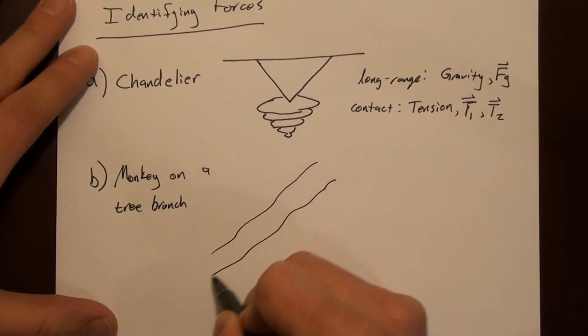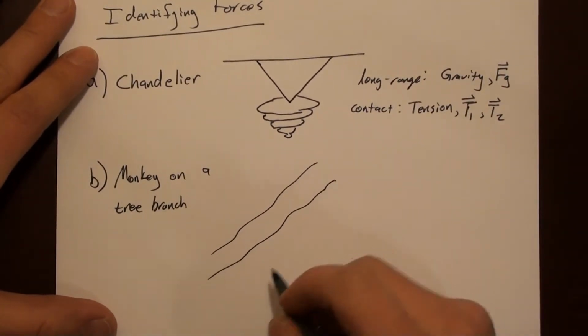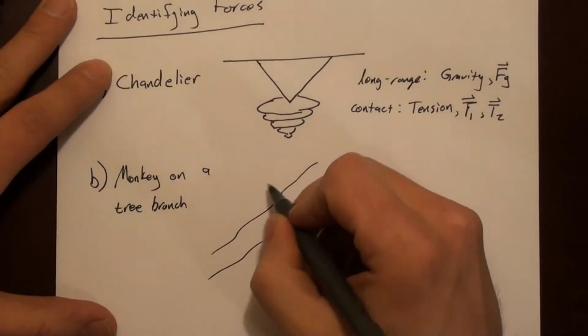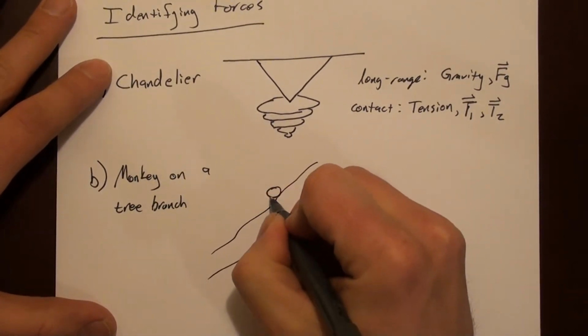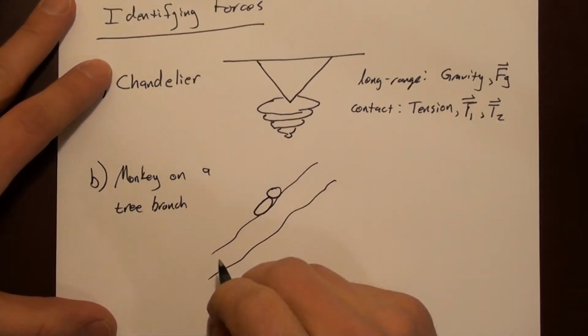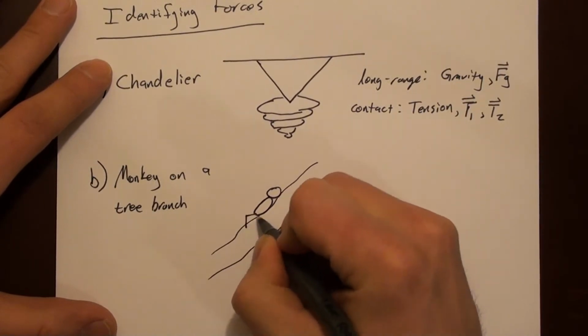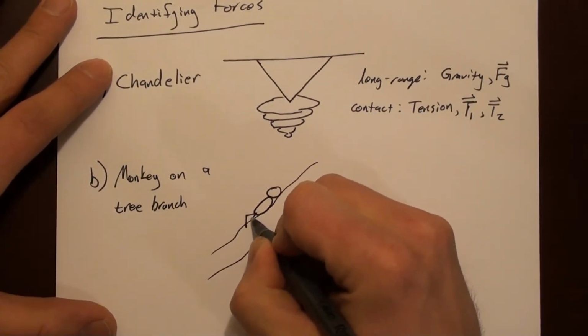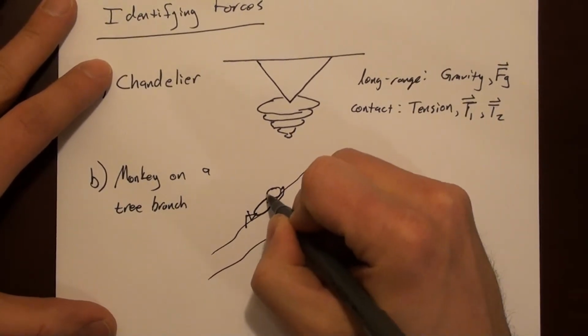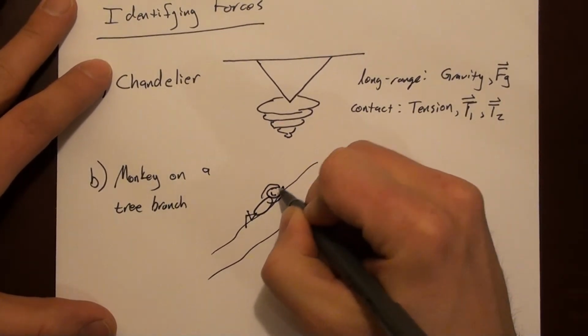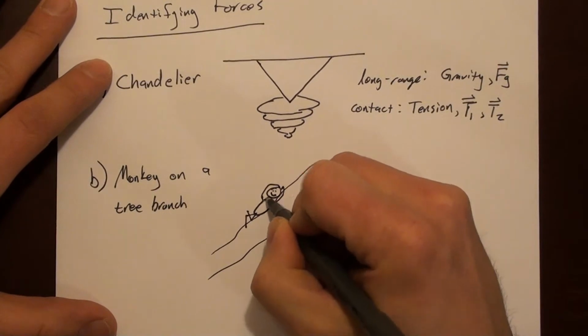Here's my tree branch. And here's my monkey. He's maybe kicking back, relaxing a little bit. He's got his legs crossed, his arms behind his head, and a smile on his face. So there's my monkey.